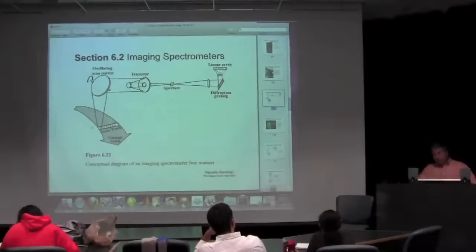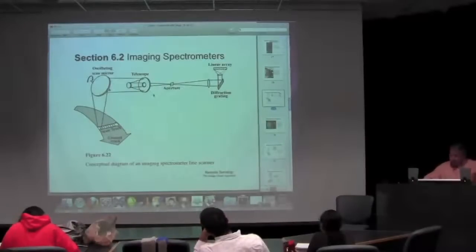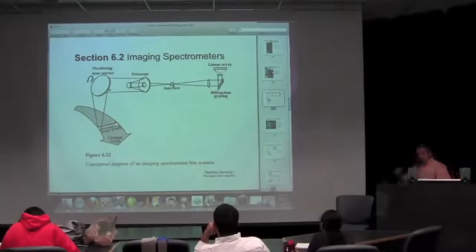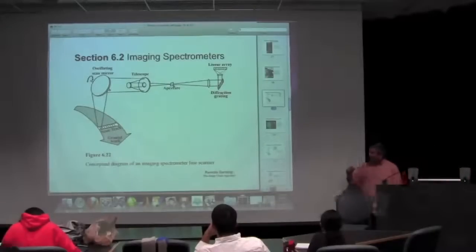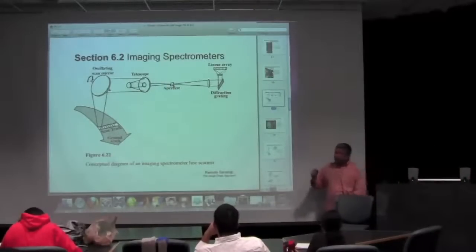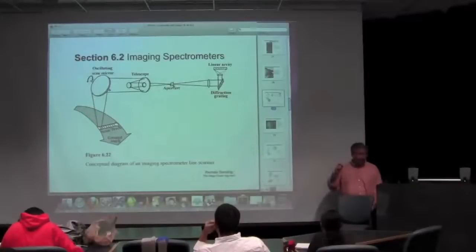So the same thing to get your motion or the scan of pixels on the ground in the cross-track direction. We'll use an oscillating mirror, just like we did on Tuesday. You're going to focus that through a telescope, through some aperture. So that field stop is what's going to define what your ground IFOV winds up being, right?